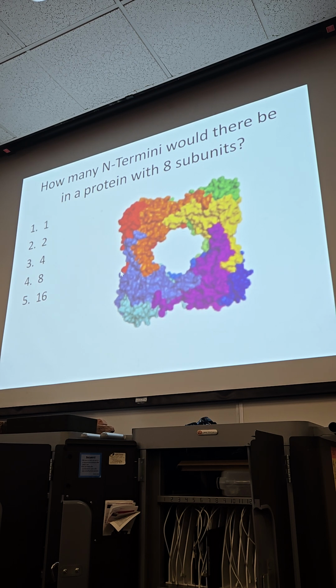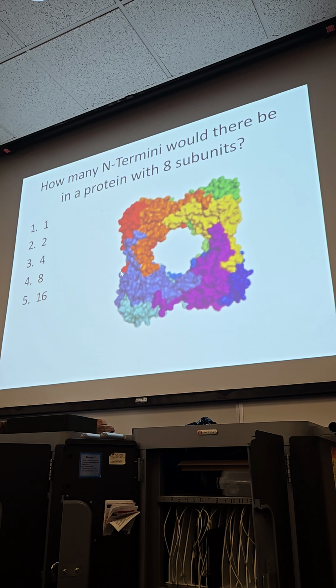It's 8. Where was this protein assembled? Where was this assembled? Oh, in the ribosome, or in the ER.